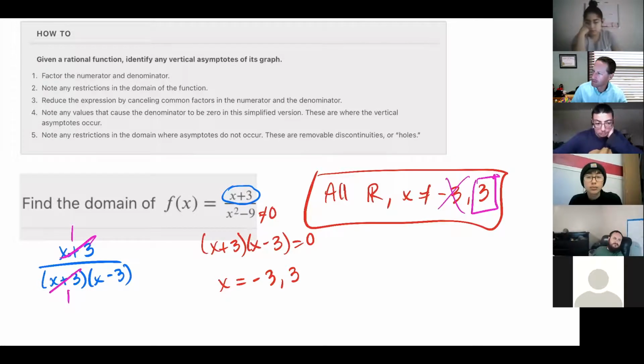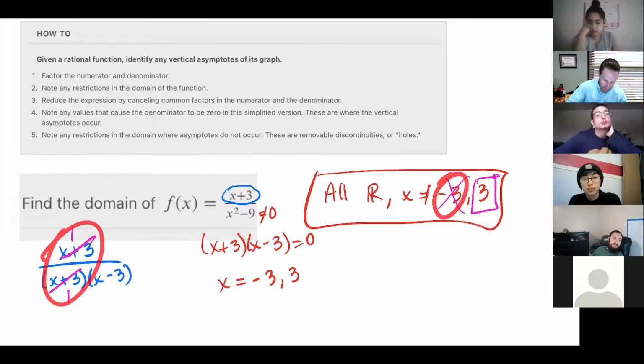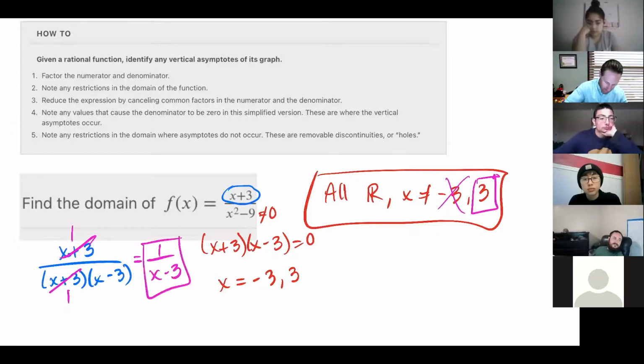You see what I'm saying? Does that remove one of our issues of that -3 value that would have given me a 0 in the denominator? Because I can actually take this and put this as my simplified version of that function by factoring the bottom? And the answer is kind of.